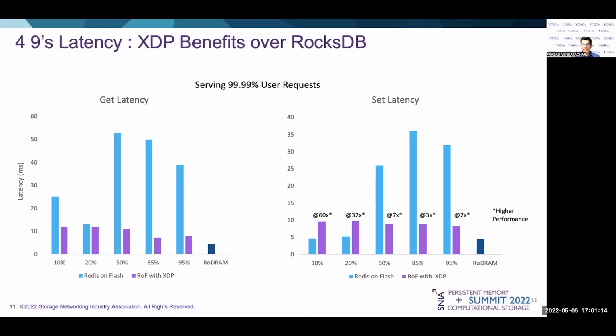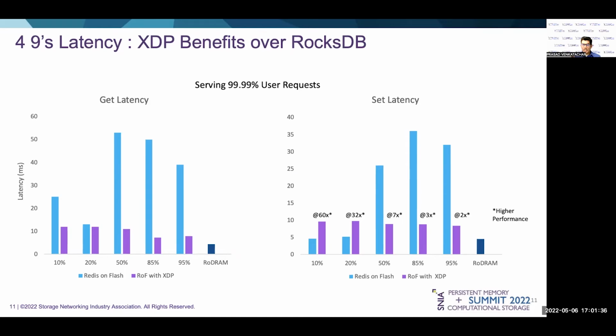Let's look into the latency aspect. Here, as you see, for both the get and set operations, the 4 nines latency, that is 99.99% of user requests, is being served at a consistent latency close to the DRAM.